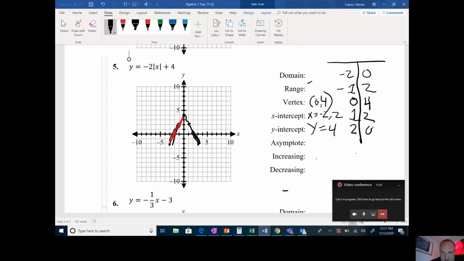The range starts as we go down, as far down as we can go, which approaches negative infinity. That's going to be a parenthesis there, sorry. Parenthesis because you never actually reach it. Negative infinity to 4, and 4 is in brackets because we do reach 4.